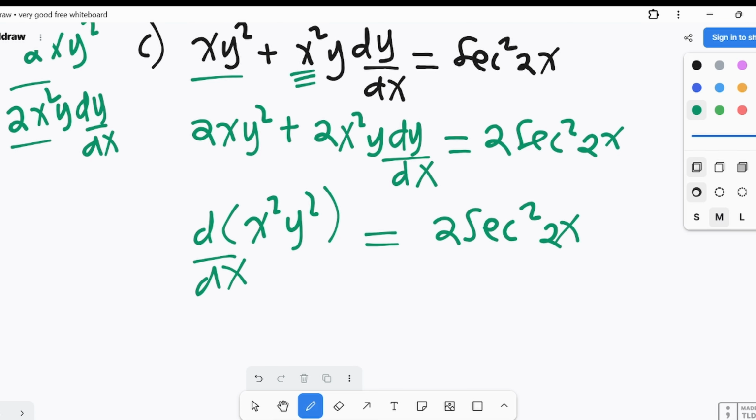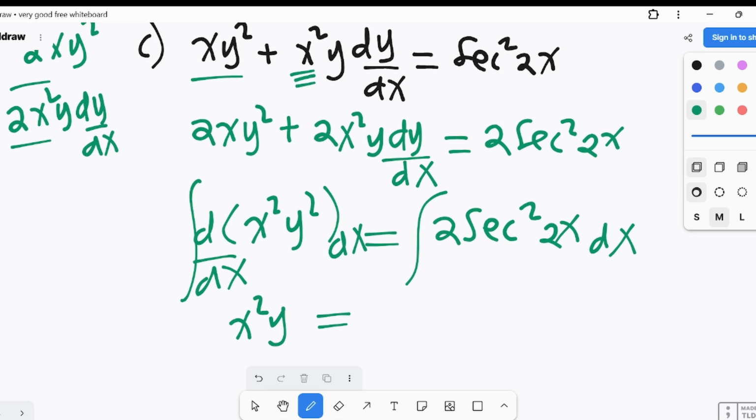So when we integrate on both sides with respect to x, we shall have x square y square is equal to, now when you integrate a sec square, you'll have 2 out of 2 tan of x plus a c.